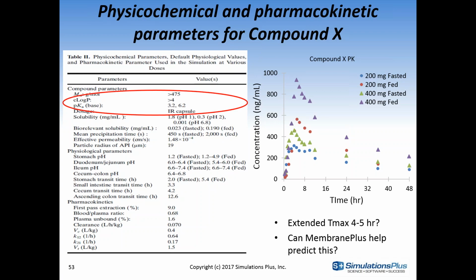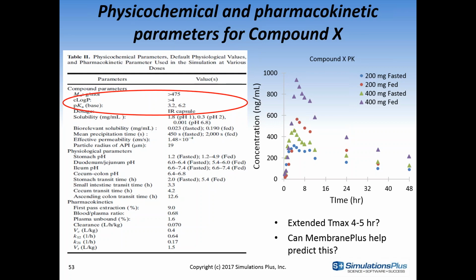define our model. So one thing to note here on the PK data for compound X is that one curious thing is that it had fairly extended Tmax out to about 5 hours in many cases, both in the fasted and fed state.